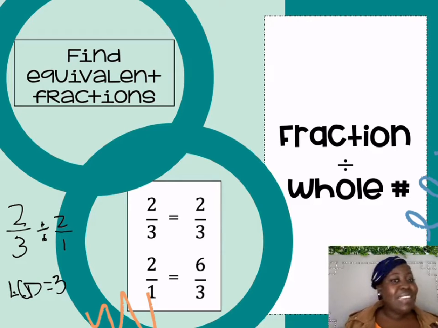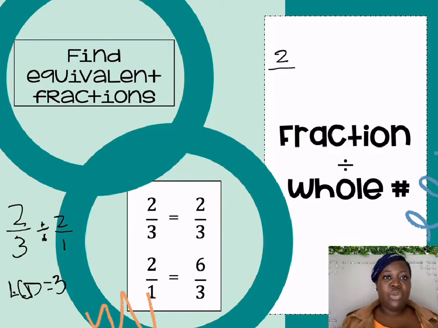Now, let's see. What do you remember about how to solve this problem when your denominators are the same? If you say we ignore the denominators, you are correct. So I want to explain to you why we would ignore our denominators.